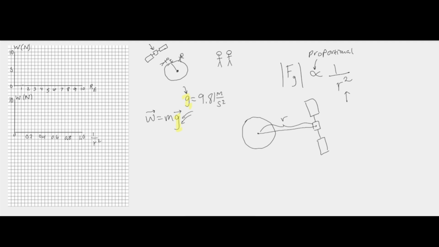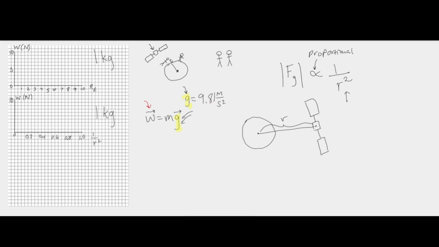And if this is a 1 kilogram object, I'm going to discuss this 1 kilogram object in both these graphs here in just a moment. But if we're considering a 1 kilogram object and it is at 1 Earth radius, well then what is the weight force? We can just go back to the formula for the weight force, and we know what little g is.